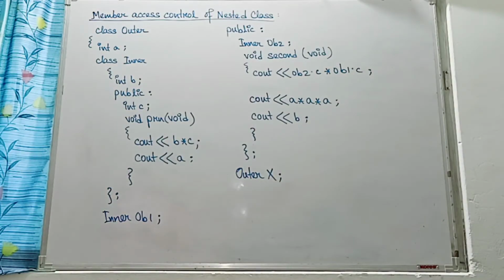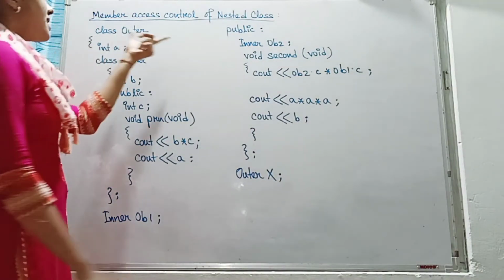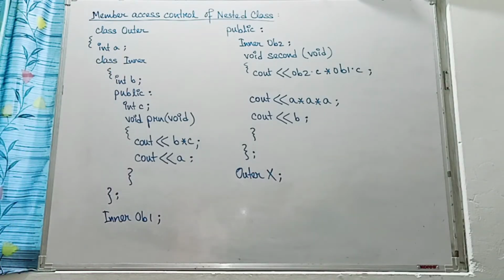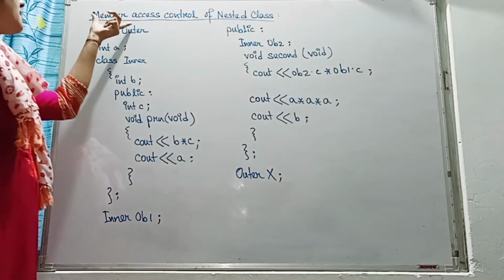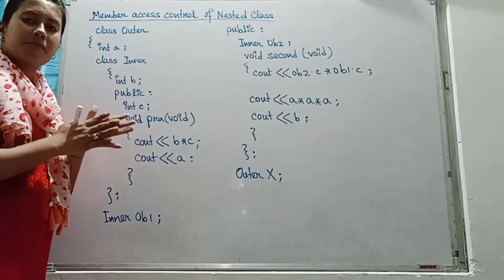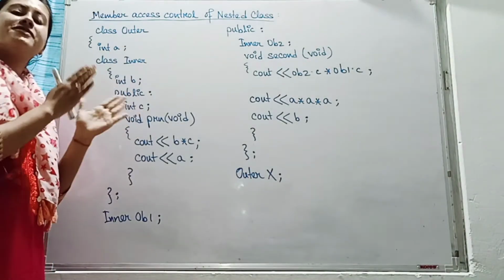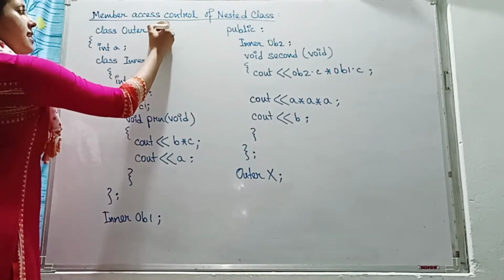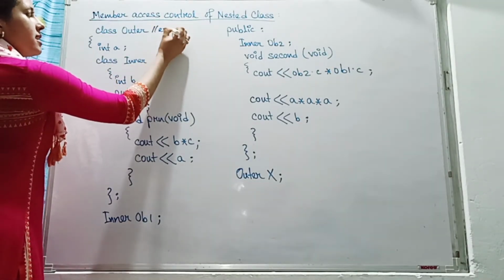Now today's last topic, you see the member access control of nested class. Our last topic for today is the member access control of nested class, means how we will access the different members of the class and what are the different criteria that we will see now. So this outer is our enclosing class.